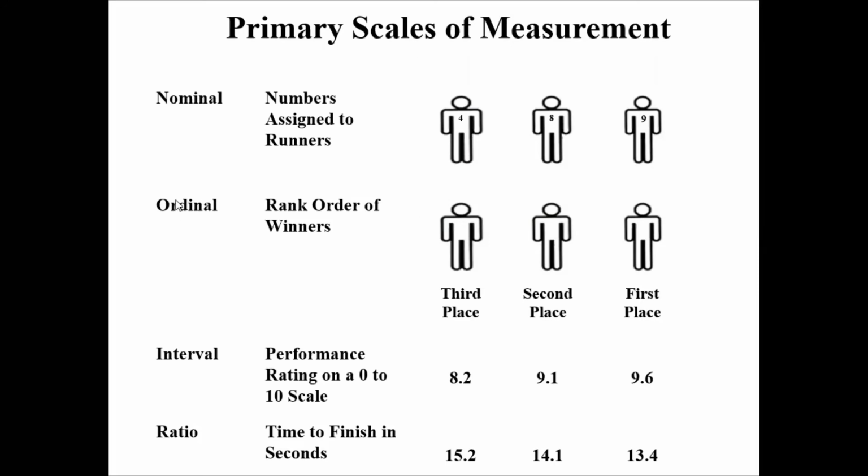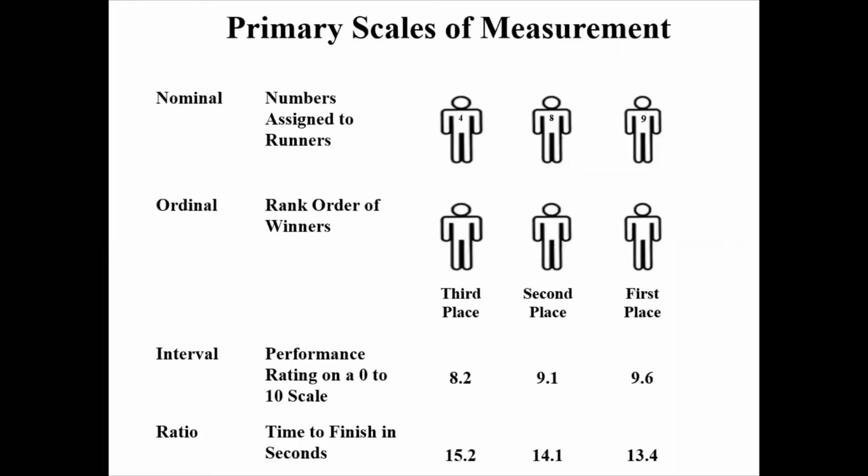And ordinal data, how can we use ordinal data for such an example? Rank order of winners: the first place, second place, and third place. So that is the rank assigned. And for interval, it means a performance rating on a 0 to 10 scale.